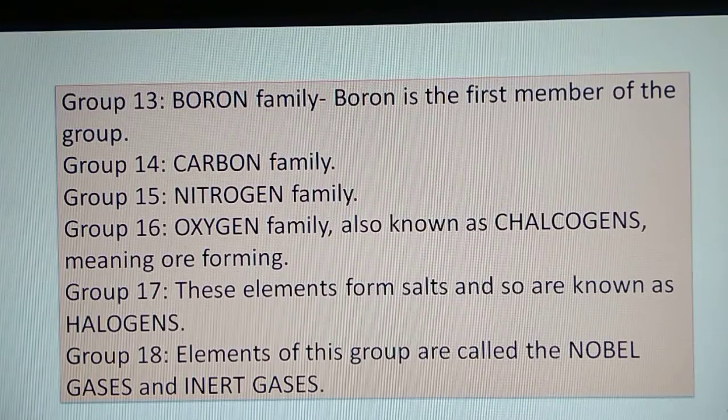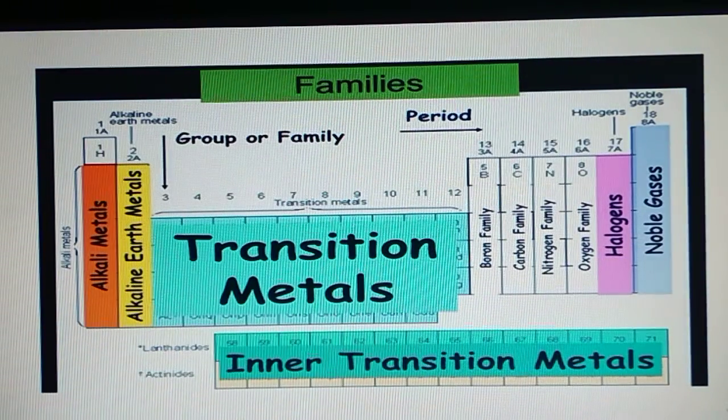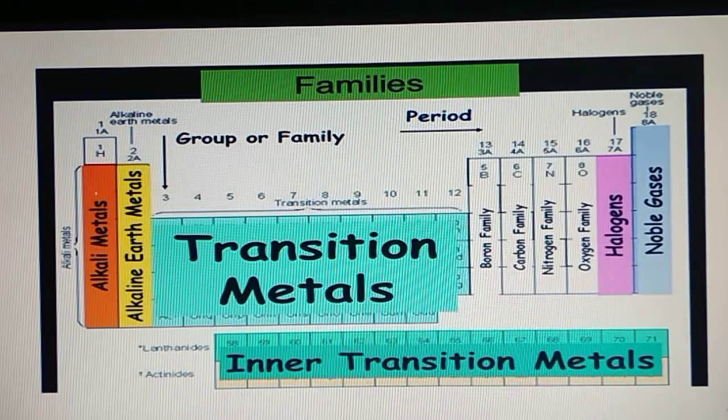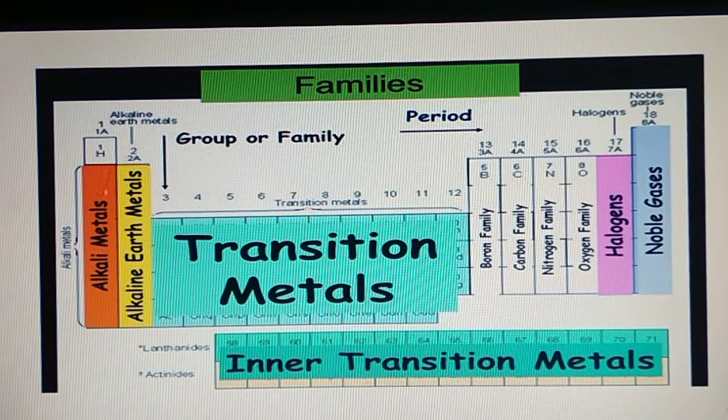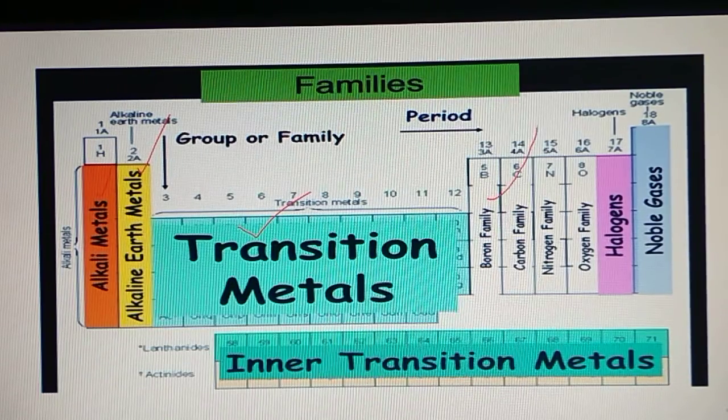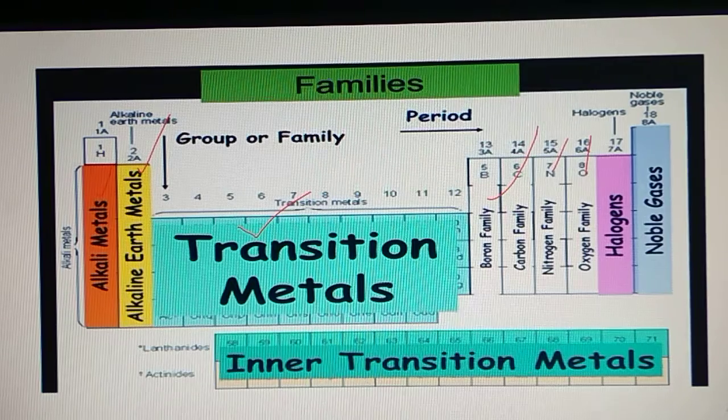Okay. So see here, first is alkali metal, group 1. Group 1 is alkali metals. Group 2 is alkaline earth metals. Group 3 till 12 is transition metals. Group 13 is boron family. Group 14 is carbon family. Group 15 is nitrogen family. Group 16 is oxygen family.